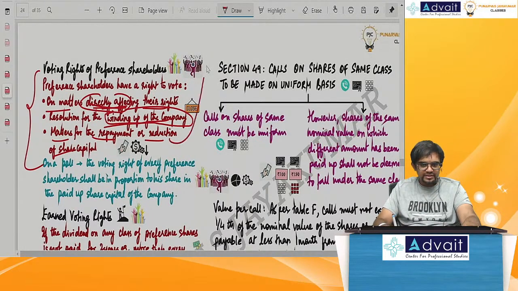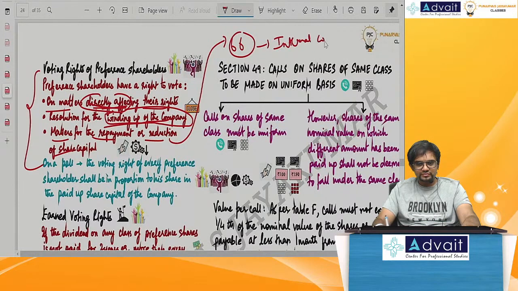Any reduction of share capital under section 66, automatically I have to take the preference shareholders' view. You would have heard the concept of internal reconstruction. In internal reconstruction, we invoke section 66 and I have to take the preference shareholders' approval as well.